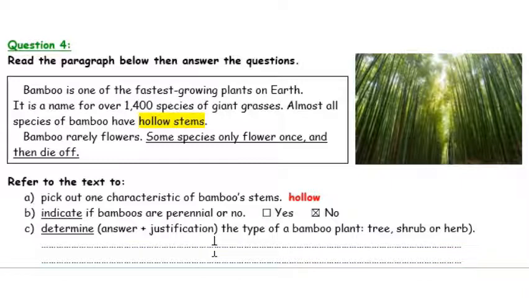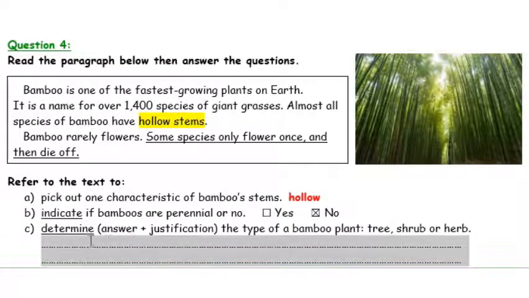Determine, and as I said before, when the question is to determine, you have to justify, clarify, explain your answer. Is the bamboo plant a tree, a shrub, or a herb? We saw in the previous questions that the bamboo stem is hollow. It is considered as a grass. It is not perennial. Yes, we can see that they have a large size, but since they have a hollow stem, they are not perennial, they have green stems.